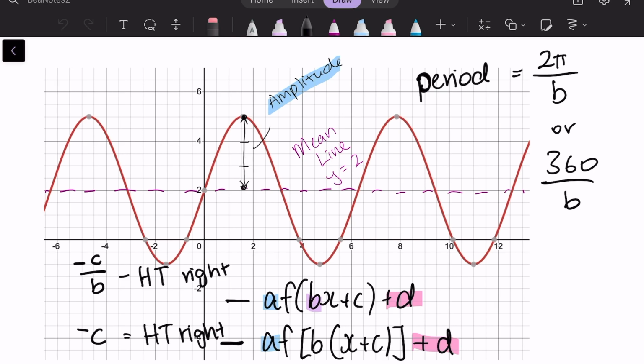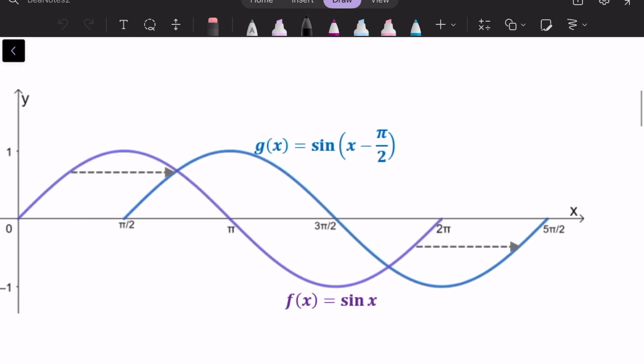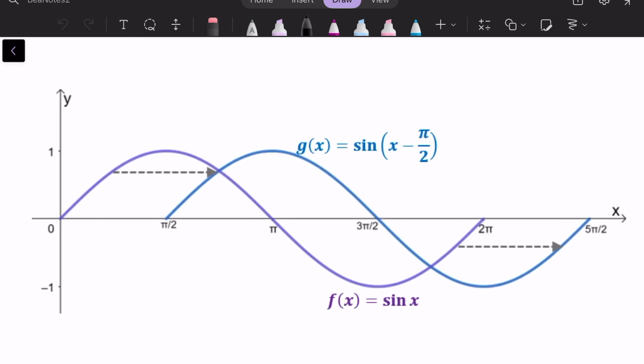I think the horizontal translation to the right is a little bit hard to visualize, so here I have a sample of a graph that has been shifted. Notice that in this graph, the graph has been shifted to the right pi on 2.